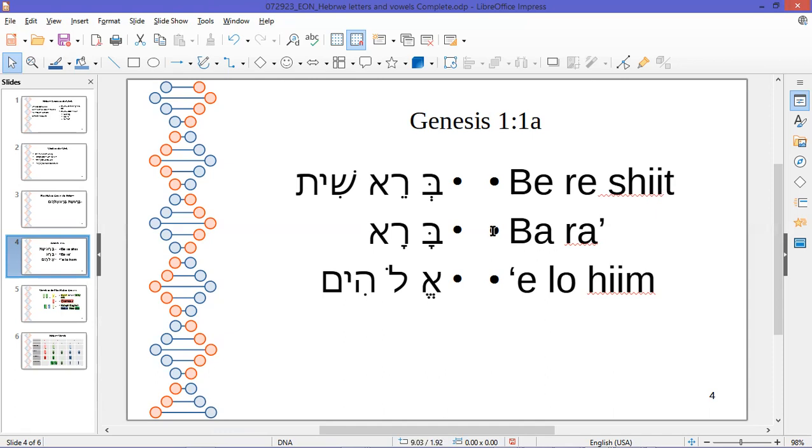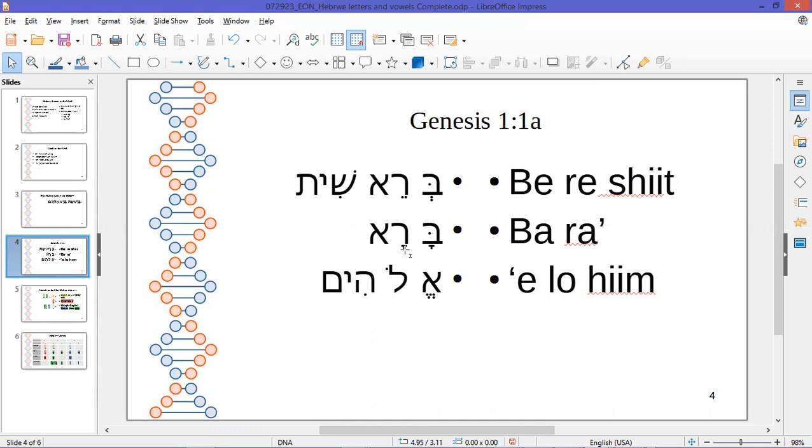And then this right here is the Tav, the t sound that we're seeing. Again, we're not necessarily going to worry about those other letters. We're only going to worry about this Beit, this Lamed, and this Mem of the first part of Genesis.